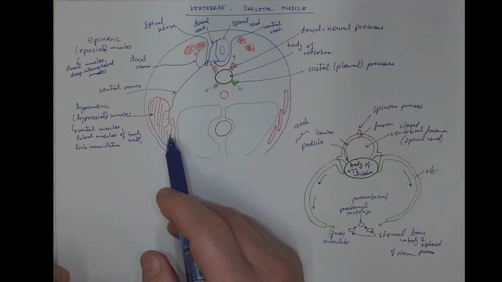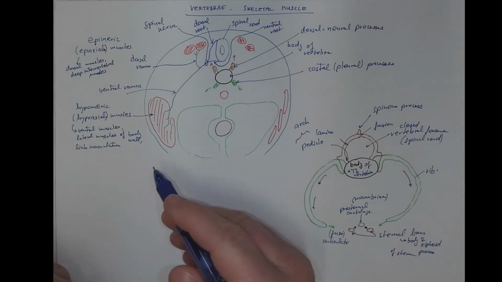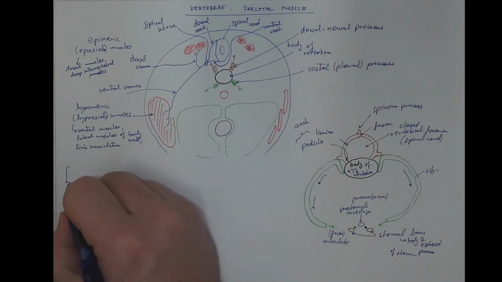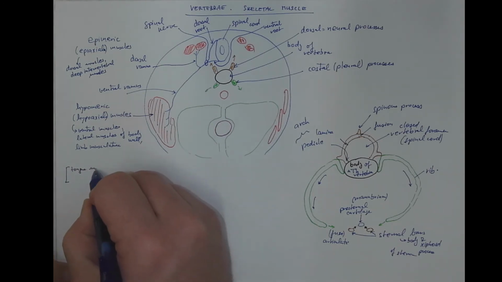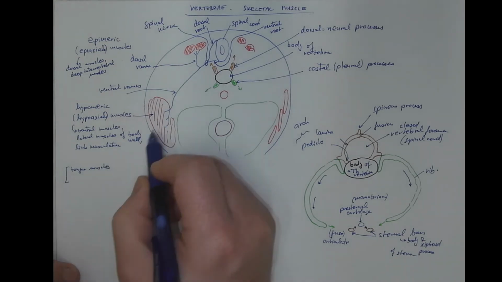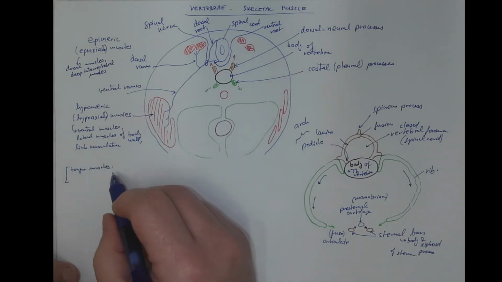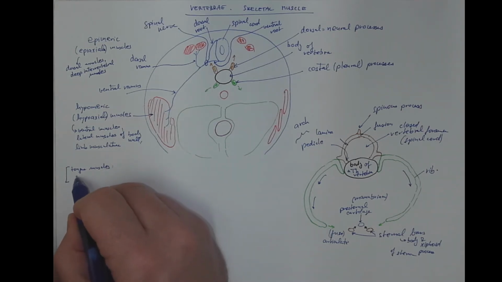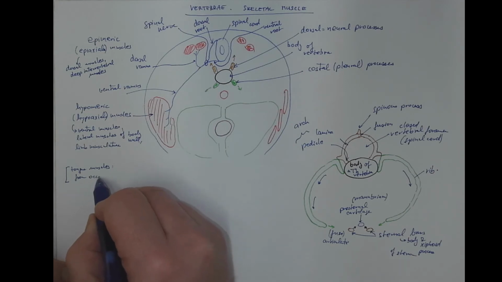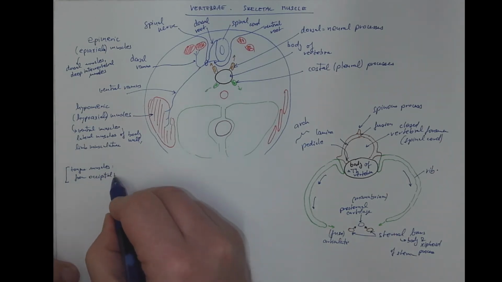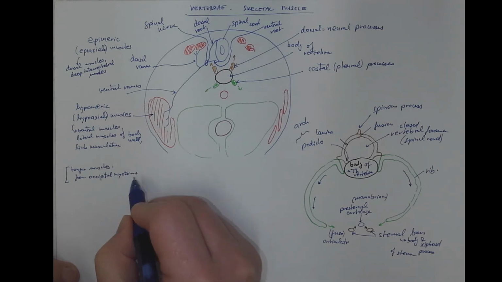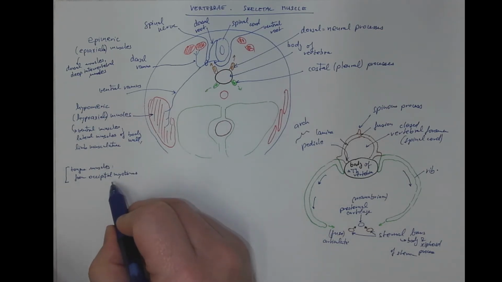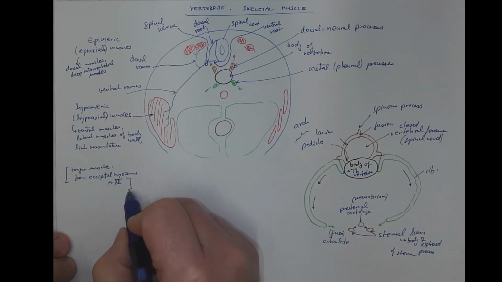Regarding the muscles, there are some special populations of muscle cells, such as the tongue muscles. They are innervated by the hypoglossal nerve, so it shows that they originate from occipital myotomes. That's the region where the 12th cranial nerve, the hypoglossus nerve, originates from.